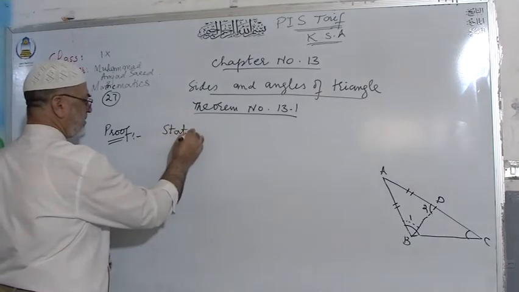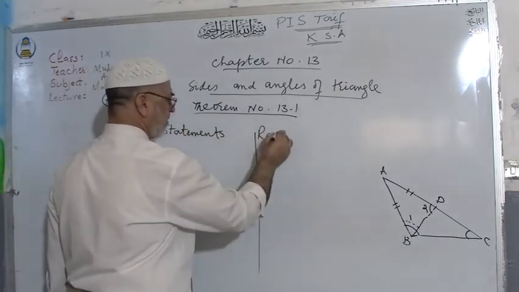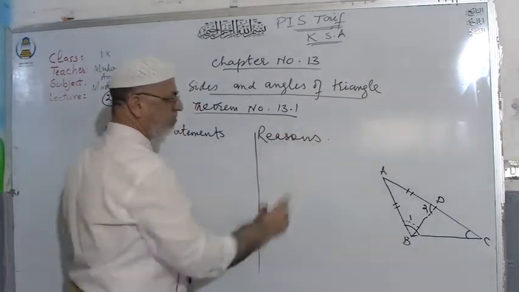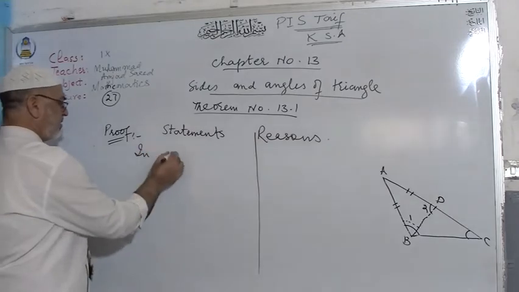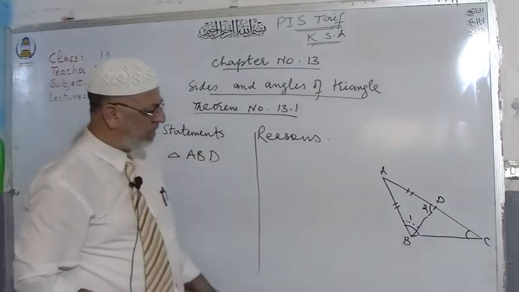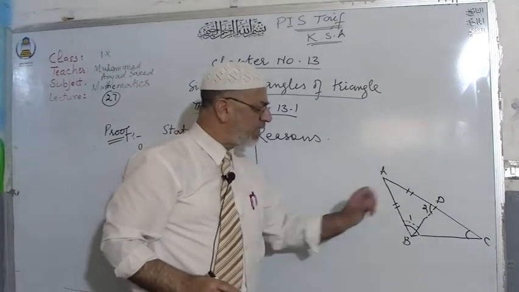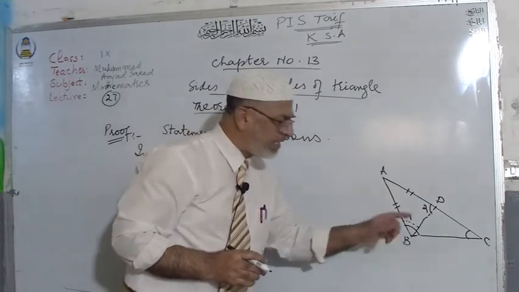Statements and reasons. In triangle ABD, angle 1 is congruent to angle 2. Why? Because they are opposite to equal sides.